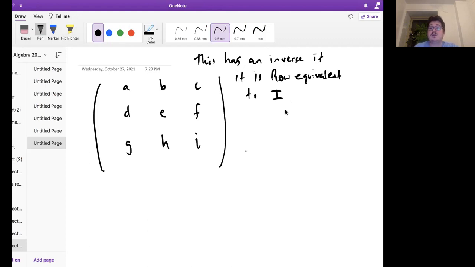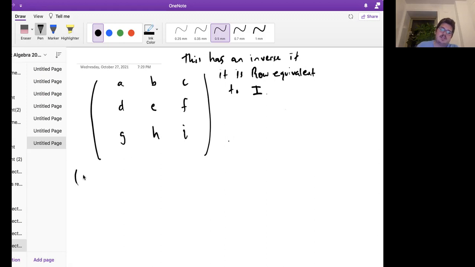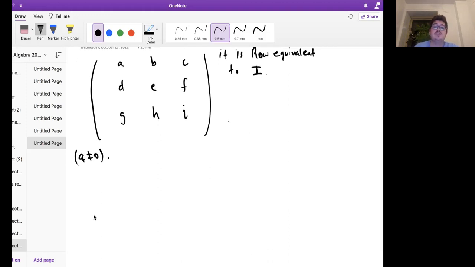So let's imagine that we do this. First of all, let's suppose A is not equal to 0, because otherwise we have to do a row swap. So let's pretend we don't need to do a row swap. Well, what's your first step? You want to try to put this into identity, row reduction to identity.